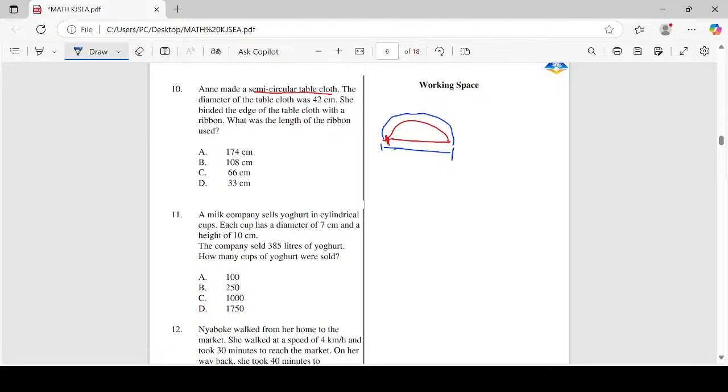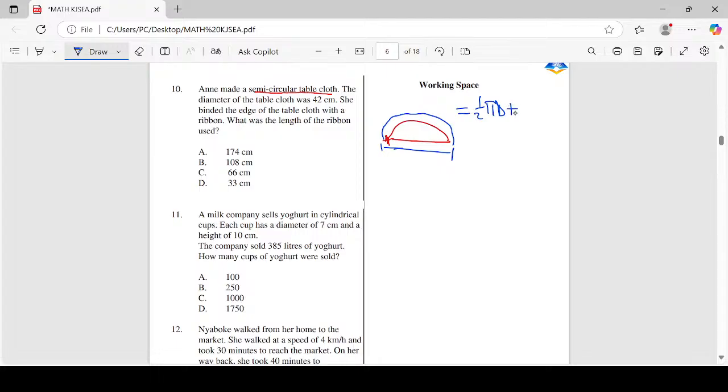So this is how we are going to get the length. I'm going to get the curved surface. Because it is half of a circle, I'm going to talk of it as half pi d for the curved surface.